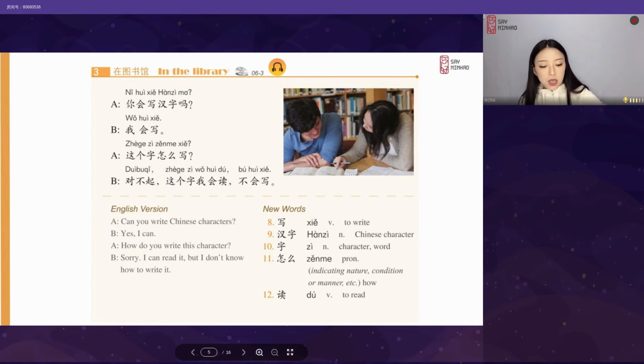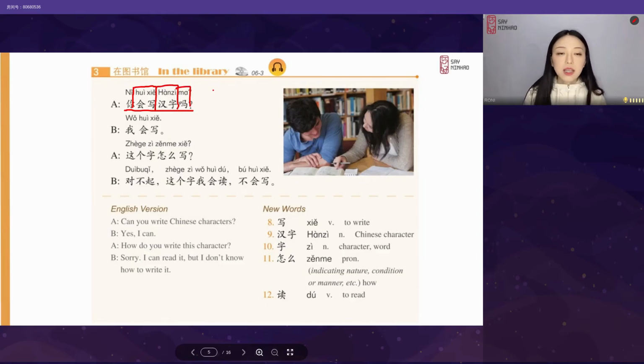First sentence is 你会写汉字吗？ 会 structure appeared again, which means can do something. 会写, can write. 会写汉字, can write Chinese, and 吗 means this is a question. Can you write Chinese characters? And B said 我会写, I can write.